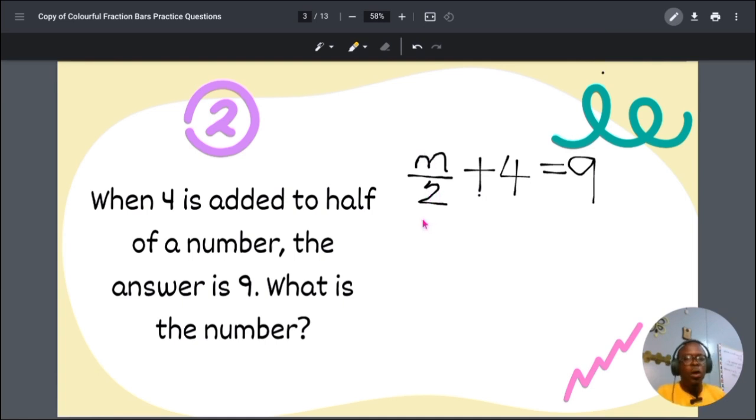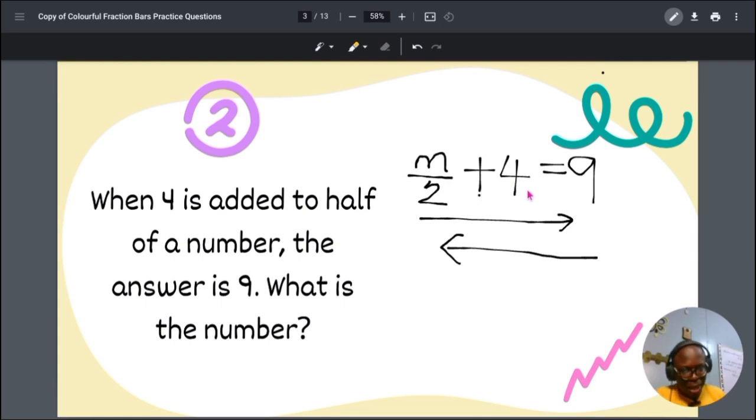Moving forward this way, like I taught you in episode 1, the operations go this way. But if you want to find what M is, the easier way is to go backwards. When you go backwards, all the signs are reversed: plus will be minus and division will be multiplication.